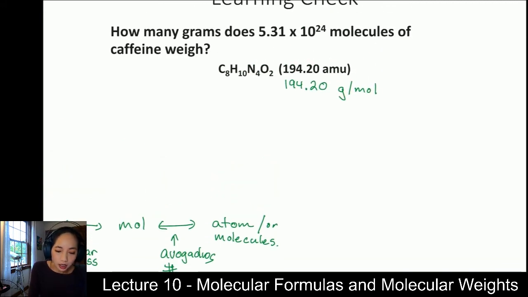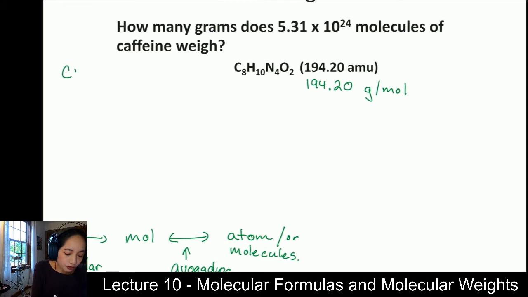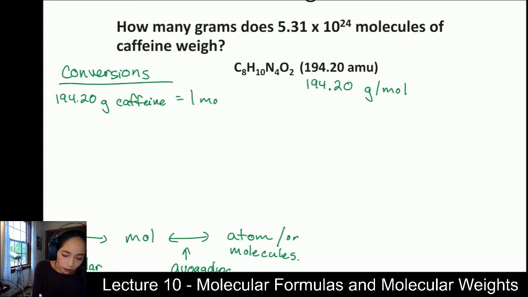I'll rewrite all those conversion factors here. The molar mass, 194.20 grams per mole, can be rewritten as 194.20 grams of caffeine equals 1 mole of caffeine.